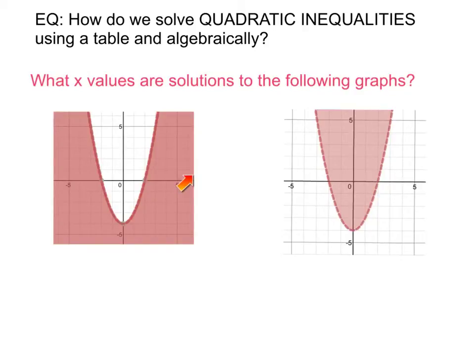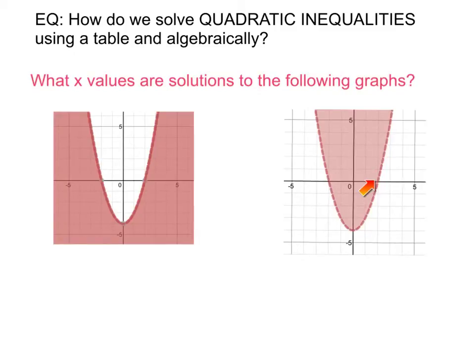Okay, so if I'm only looking at the x-axis, the solutions for this first graph are over here and over here. The solutions for the second graph are trapped in between those 2 points. These points that cross the x-axis are my critical values, and we're going to talk about those in a minute.